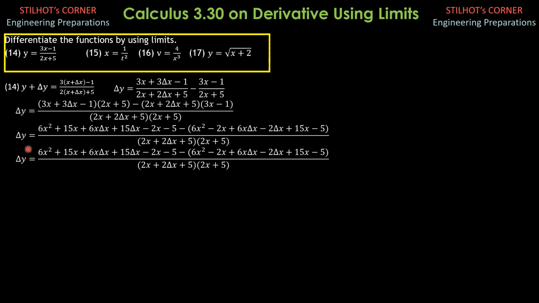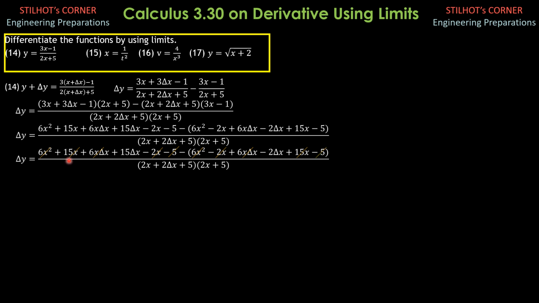But anyway, you can eliminate 6x squared and negative 6x squared, 15x and negative of 15x, 6x delta x and negative 6x delta x, negative 2x and negative of negative 2x, so positive 2x, so eliminated. Negative 5 and negative of negative 5, which is positive 5, eliminated.